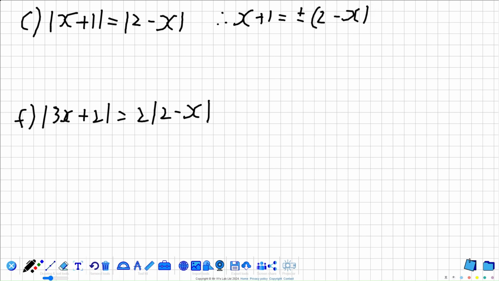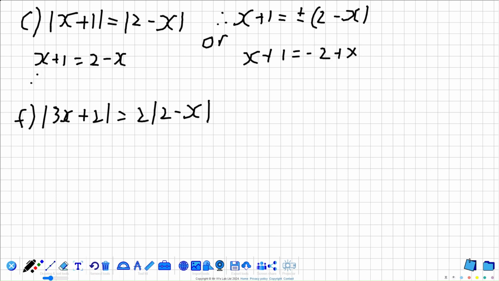And then we can evaluate that in two parts again. One where x plus 1 just equals 2 minus x, and the other where x plus 1 equals -2 plus x.